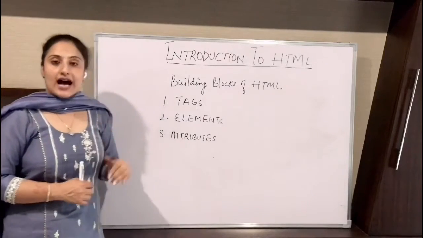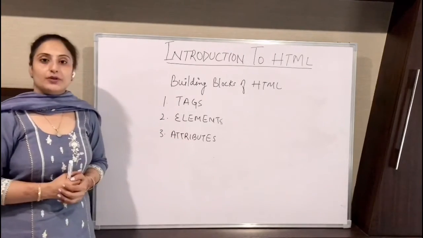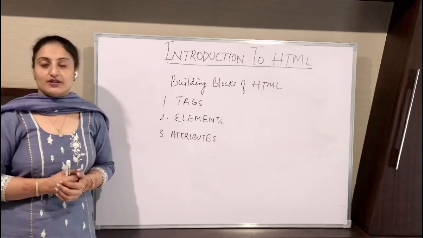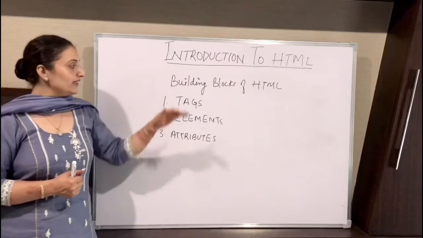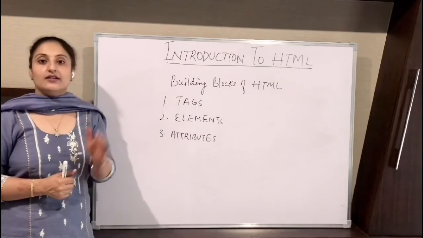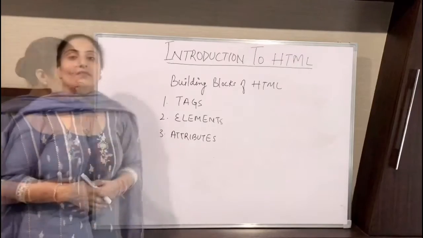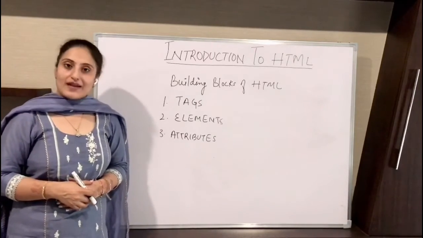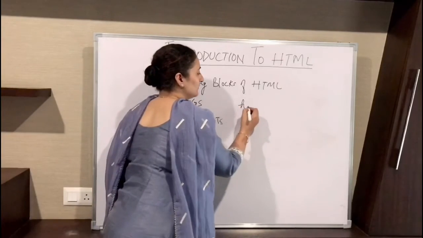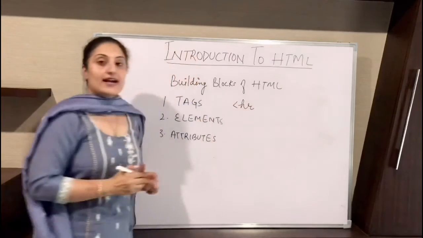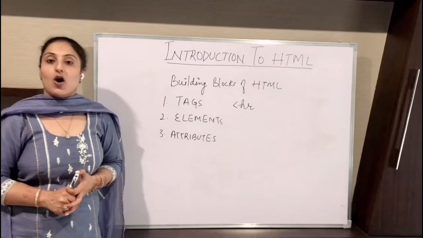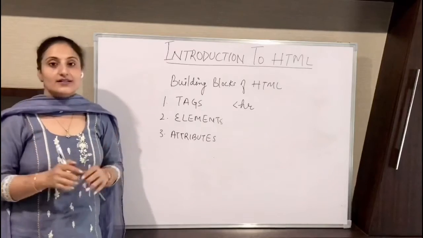Now, the last is attribute. Attribute is some additional information that needs to be passed within the tag. Attributes always work in name value pair. We are going to take the same example of HR tag. As you all know, HR tag is used to display a horizontal line on the screen.